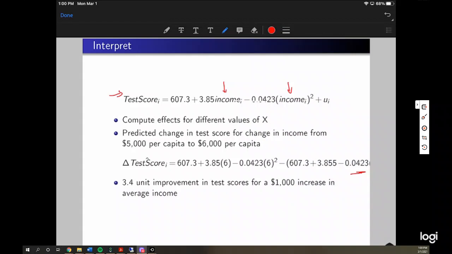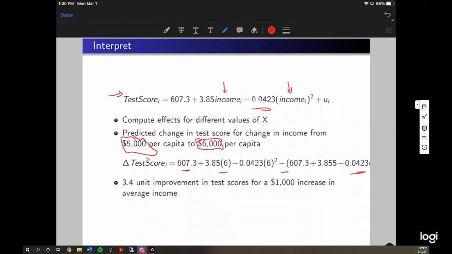Multiplying, so we get our intercept plus 3.85 times 6 minus beta hat 2, 0.0423 times 6 squared. And we're going to subtract off the same thing but with 5, because we're trying to get the difference between an income of 6,000 and 5,000.